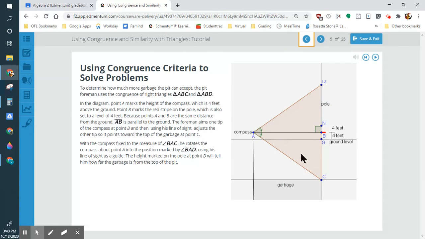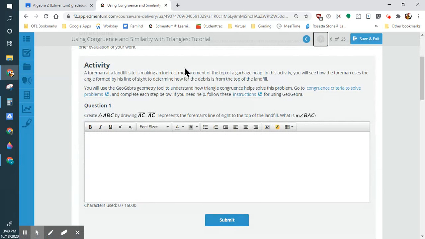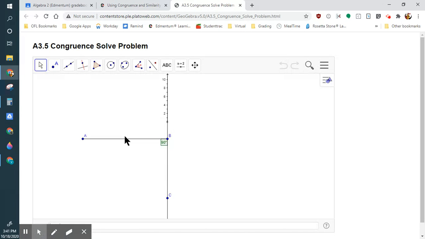The pit is basically the ground level, and we can see that the garbage is down here. Edmentum GeoGebra will make this look a lot nicer for us, and I have different drawing tools, so I'll actually be able to write here. Let's take a look at this problem.